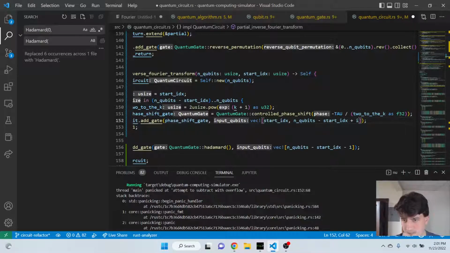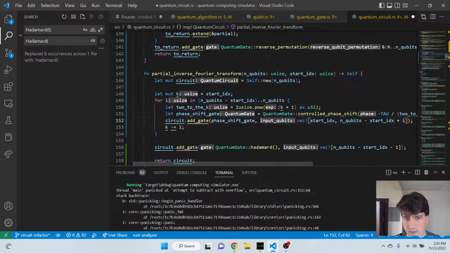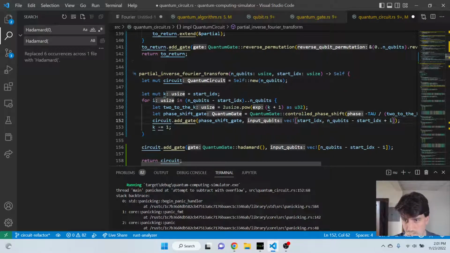Something that starts at 0 and counts upwards. So like K minus the start IDX. No, starts at 0. Starts at 0 and counts upward. So n qubits minus start IDX.